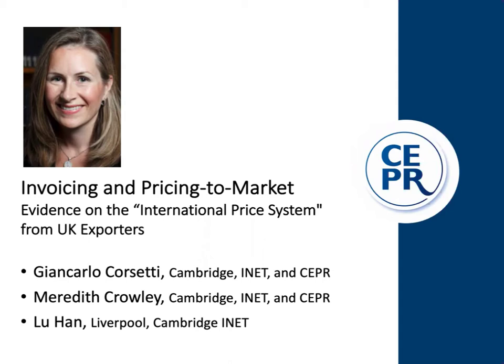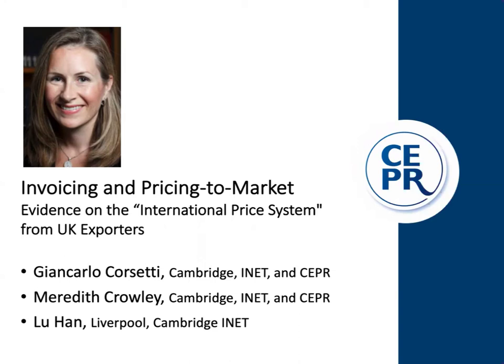A couple of questions we want to answer by studying the pricing of UK exporters are these. If we want to understand the international price system better, and the asymmetries in exchange rate pass-through into import prices, the first place to start is that existing work by people like Gopinath has focused on aggregate statistics: how much trade for a country in aggregate is invoiced in particular currencies, and how is that correlated with exchange rate pass-through?